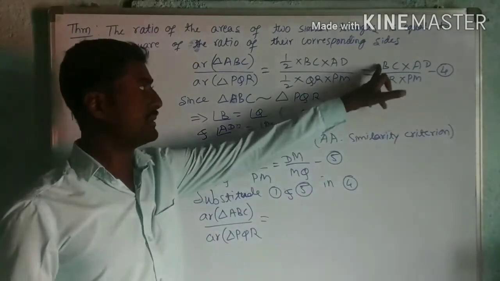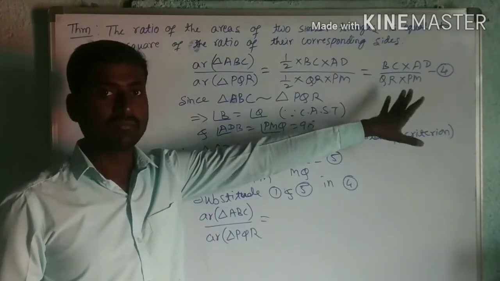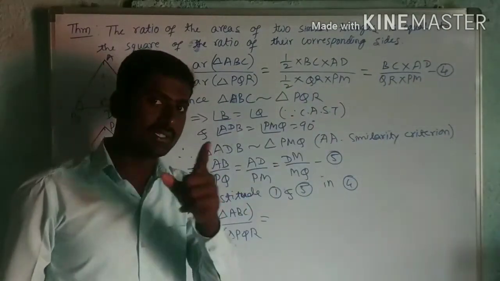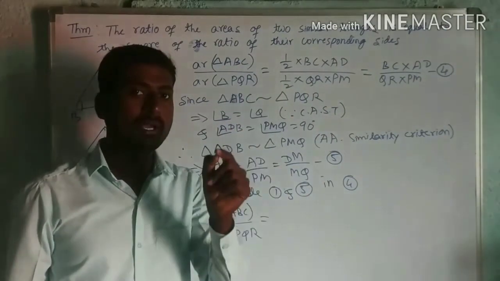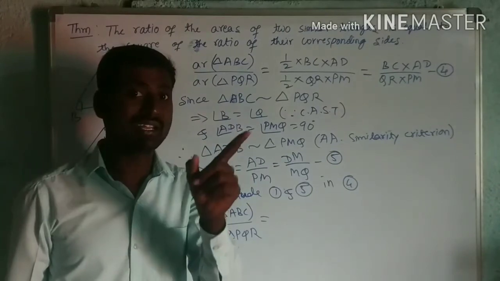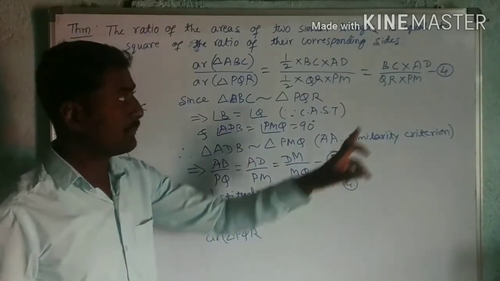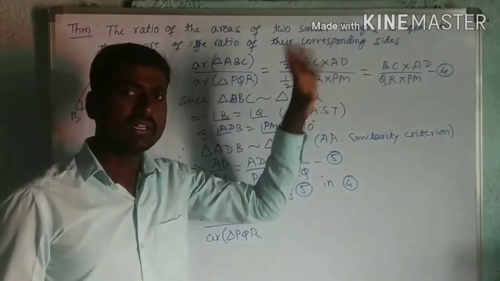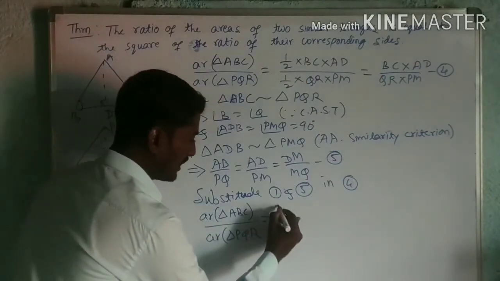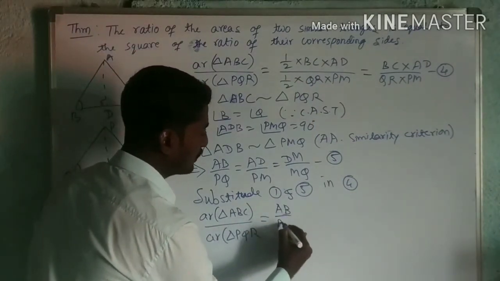By using equation number 1, AB by PQ is equal to BC by QR, so in place of BC by QR, I can write AB divided by PQ.